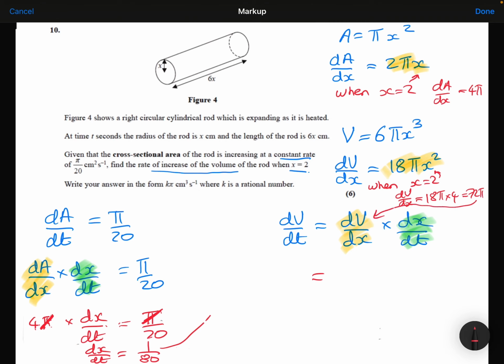So dV by dx is 72 pi. dx by dt is the 1 over 80. And that's going to simplify to be 9 pi over 10. And that is in the form required. So this is my answer.